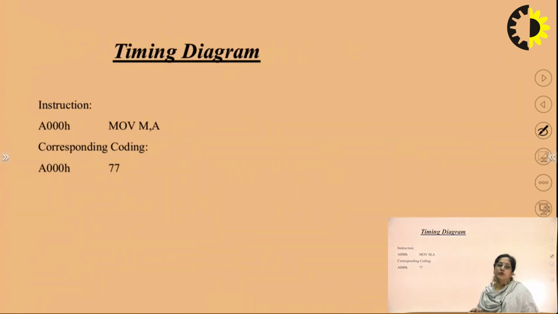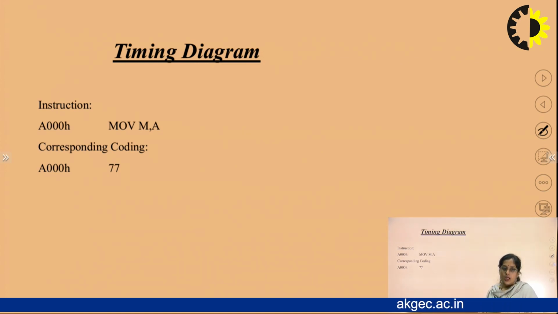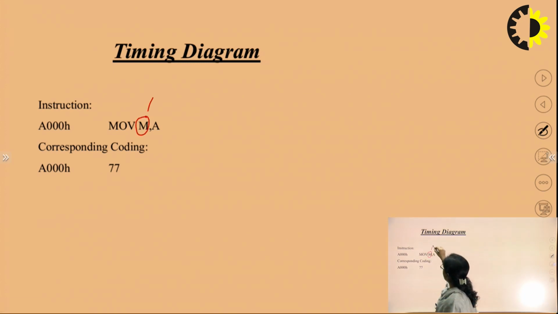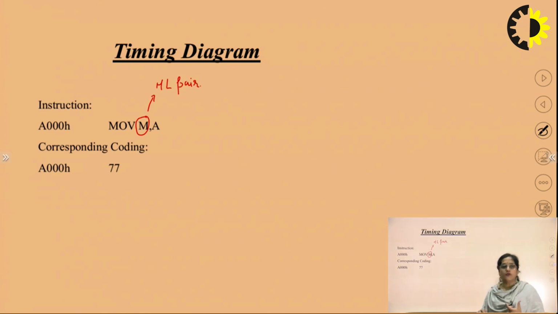In the case of MOV M, A, the content of A is to be placed in a memory location. In this case, the memory location's address is specified by the HL pair. So the content of the HL register will become the memory address, and there the data will be stored.